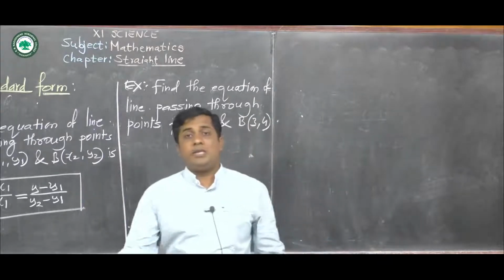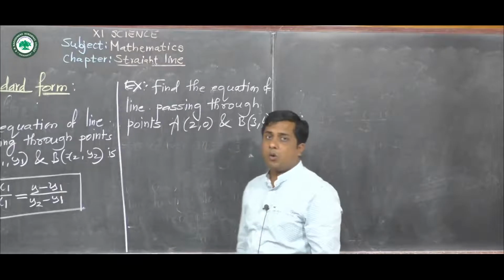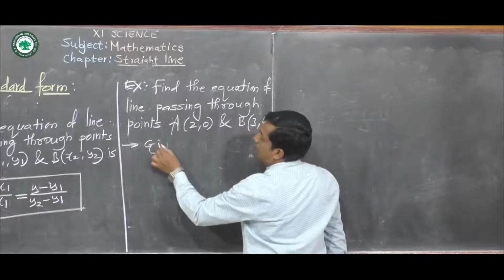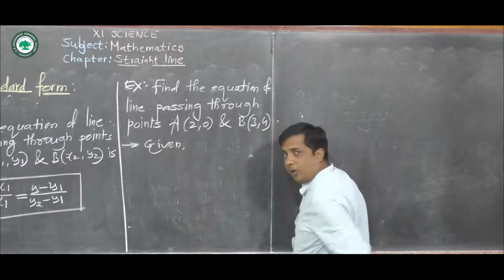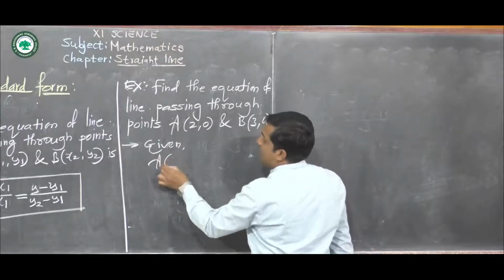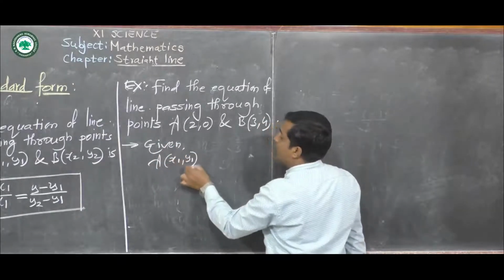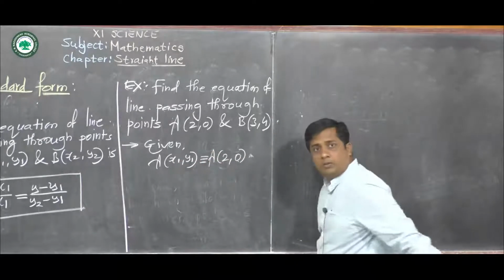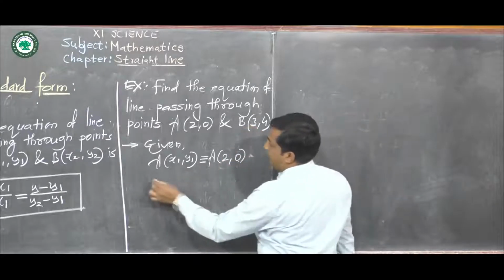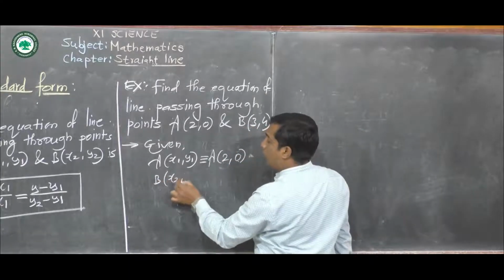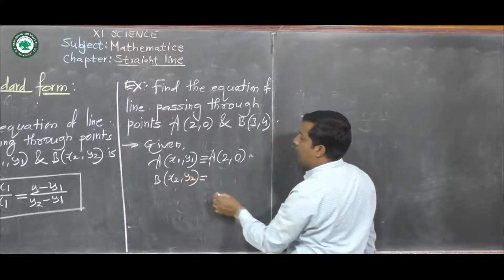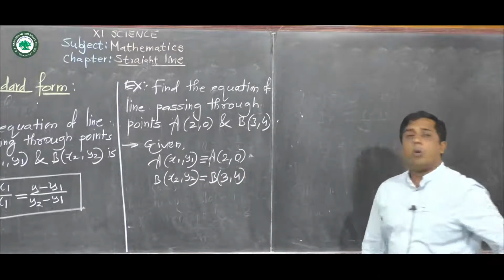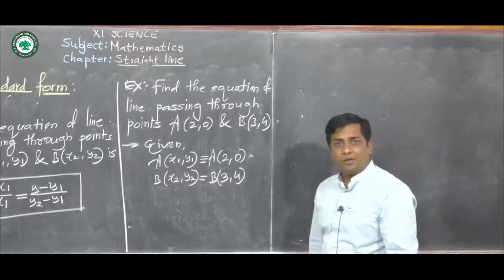Okay, so using given things we have to find equation of line. Firstly we go with given things. Here 2 points are given. Let us consider A having coordinates x1, y1, equivalent to A of 2, 0. Then we consider B: B of x2, y2 is equal to B of 3, 4. So these 2 points are given.